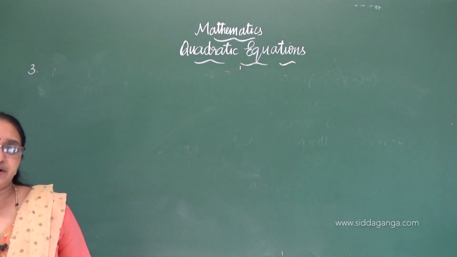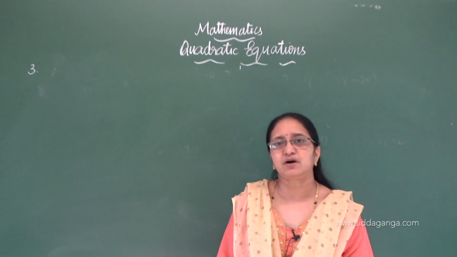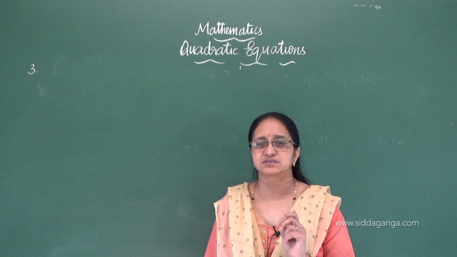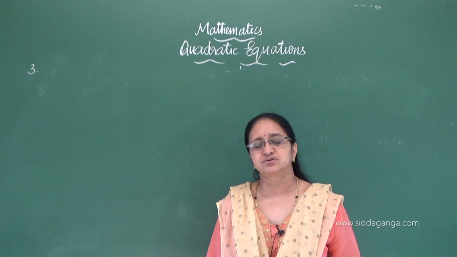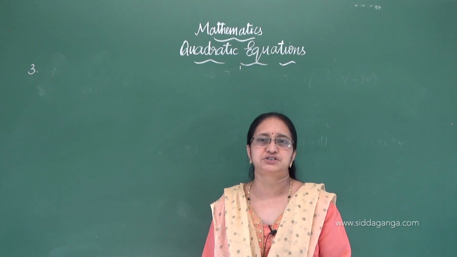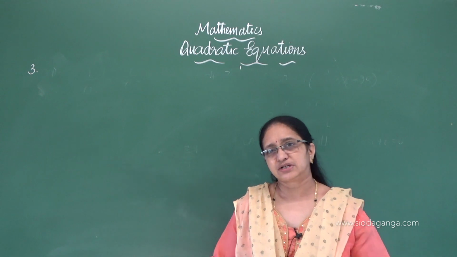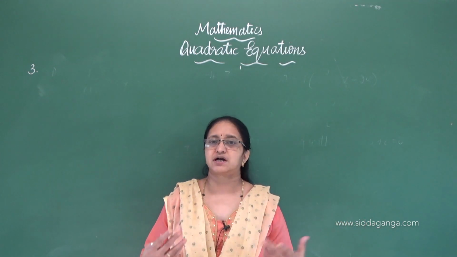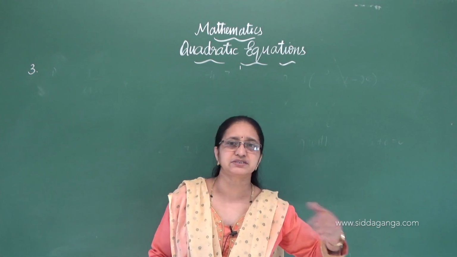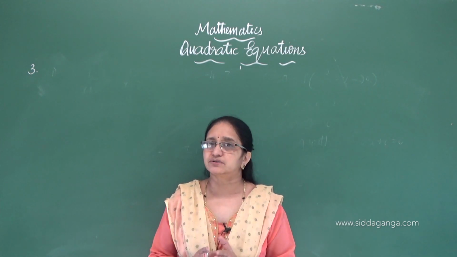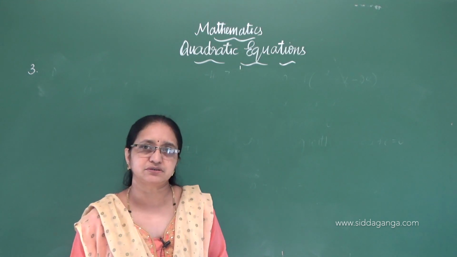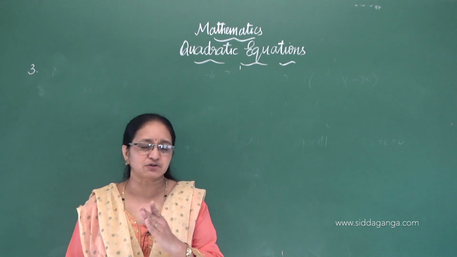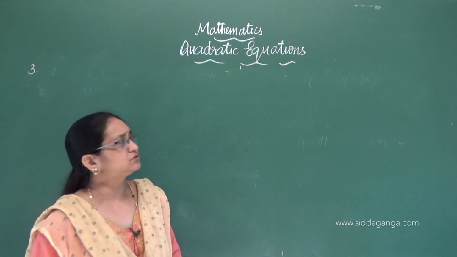So you have to find the present age, and the clue is given that the sum of the reciprocals of the age, when the age is 3 years ago and 5 years afterwards. Okay, 5 years from now means afterwards. So you have to find out the present age of Rahman. Okay. So how to start then?